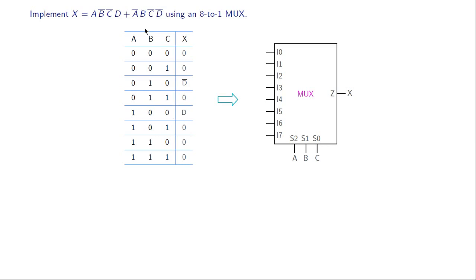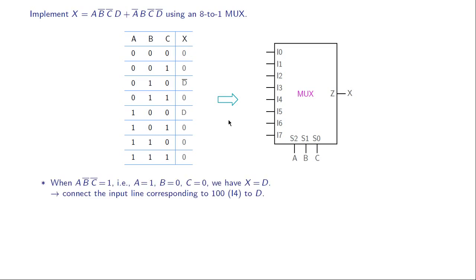Similarly, consider this minterm. This A bar, B, C bar is 1 when A is 0, B is 1, C is 0. So 0 1 0, that is right here. And when that happens, x becomes equal to D bar, 1 ANDed with D bar, that is D bar. So that is why we have D bar here. And in all other cases, x is equal to 0, since we have only two minterms. So that is how we have prepared this truth table.